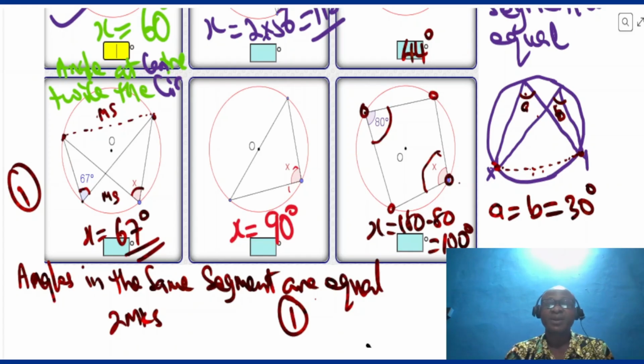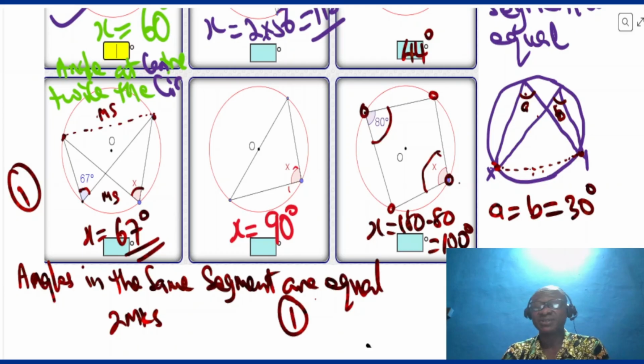Do you have a question you want to ask? No, sir. No, I actually understand this theorem because I feel like it's quite easy. Okay, beautiful. You understood the one that says angle in a semicircle is a right angle, isn't it? Yes, sir.